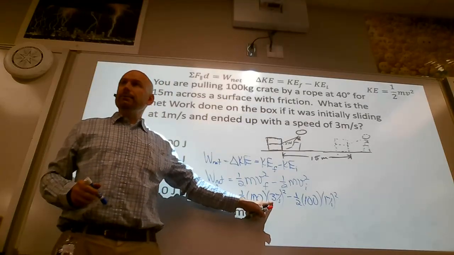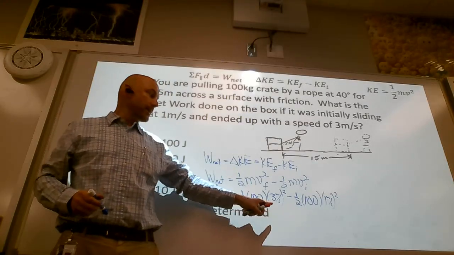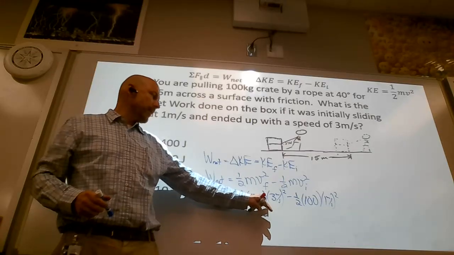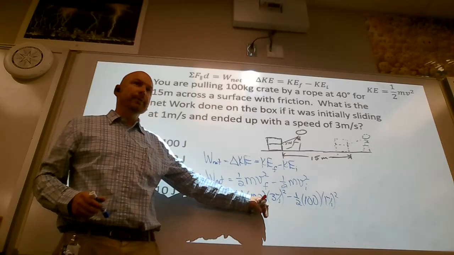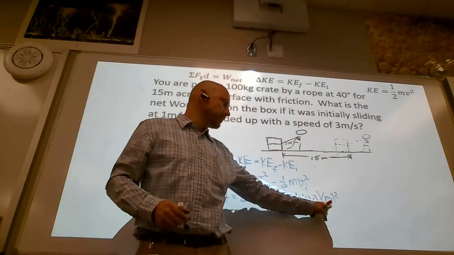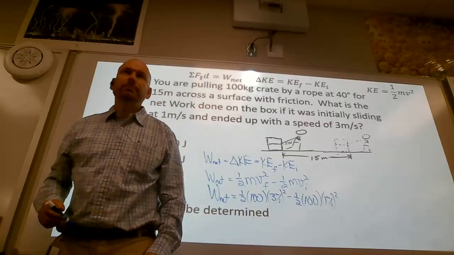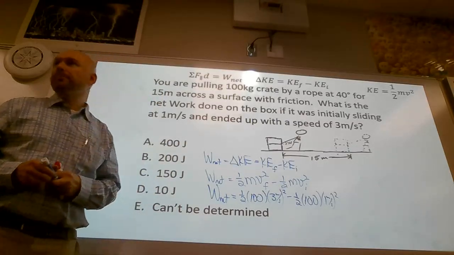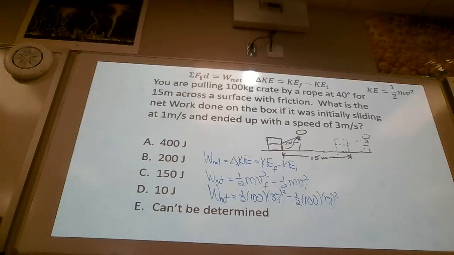So you get 9 here, times 50, so 450, minus 50, 400. Good with that? Make sure you square it before you subtract. Good?